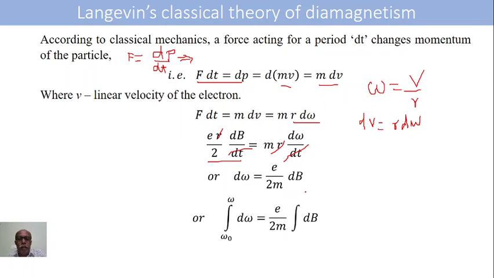This is d omega, a small angular velocity due to the small magnetic field. Total angular velocity due to the total magnetic field applied is obtained by integrating between the limits omega naught and omega. Omega naught is the initial frequency and omega is the final angular frequency. So integrating this, we get in the next slide.